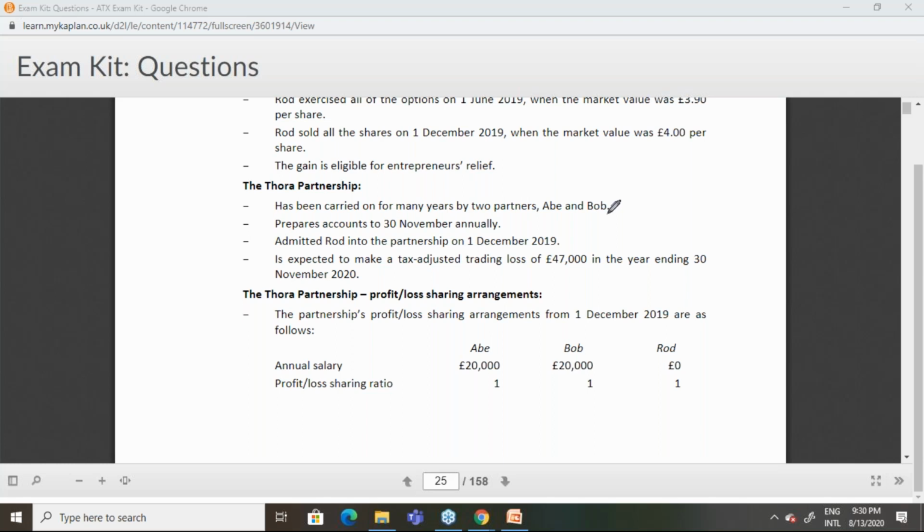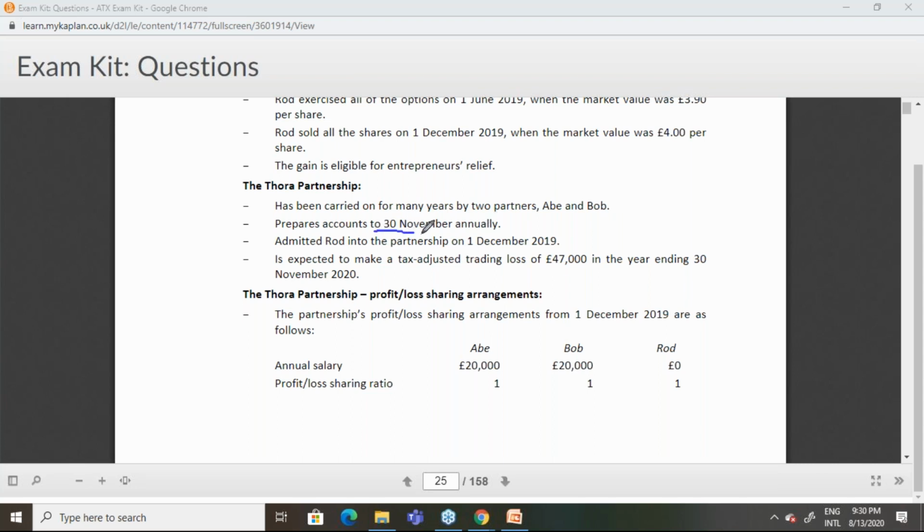Whether the partnership was in business for many years with two partners, it's not relevant because we are supposed to calculate the situation with regard to Rod, who has joined the partnership on the 1st of December 2019.